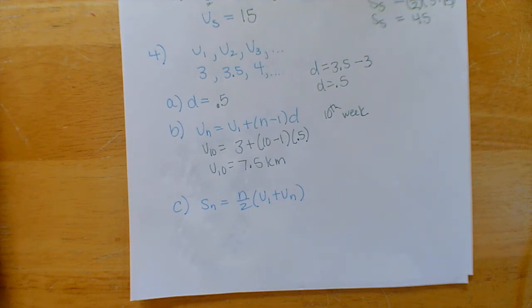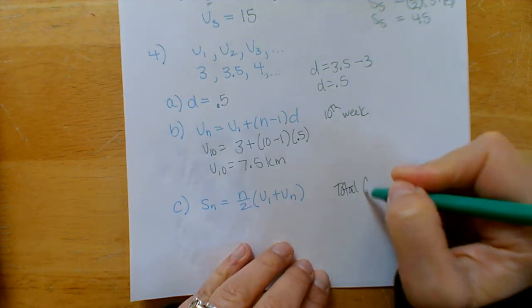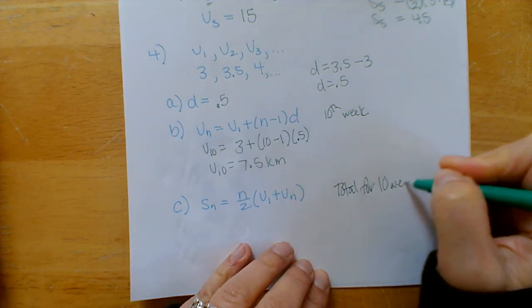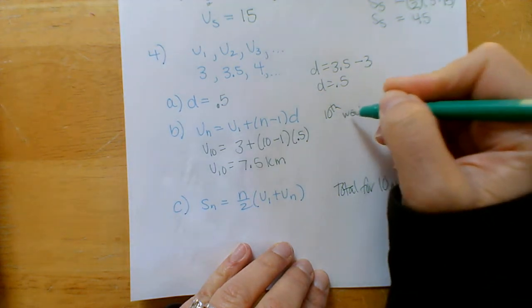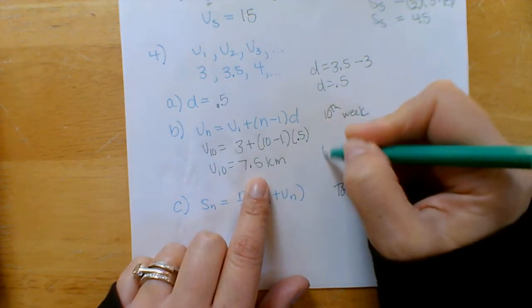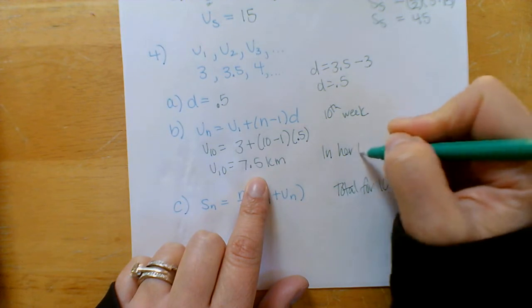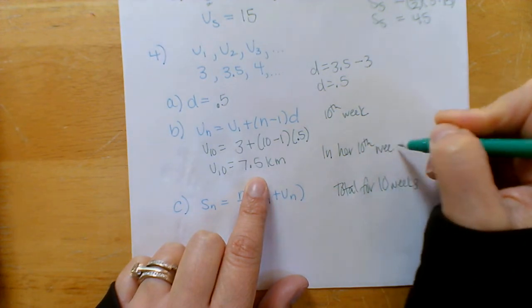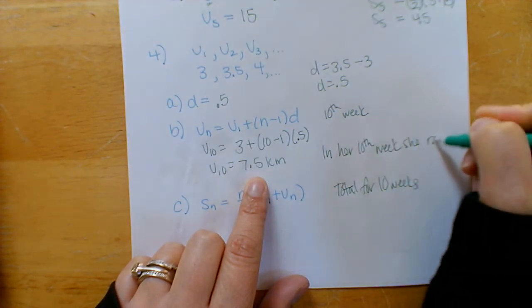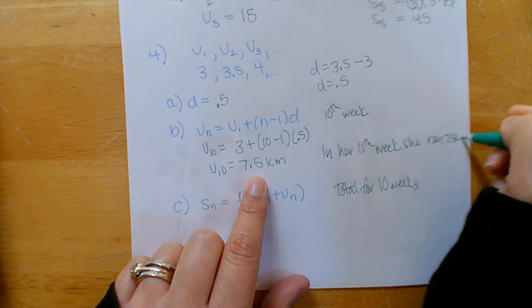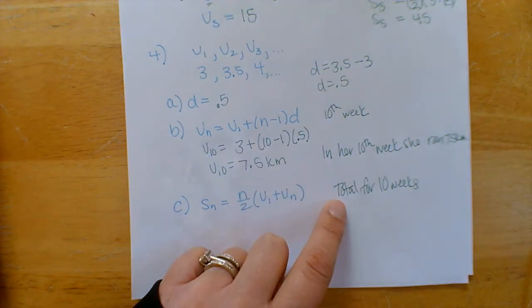Now let's find how many she ran over all the 10 weeks. So we're going to find the total for 10 weeks. In her 10th week, she ran 7.5 kilometers. Now we're looking for the total.